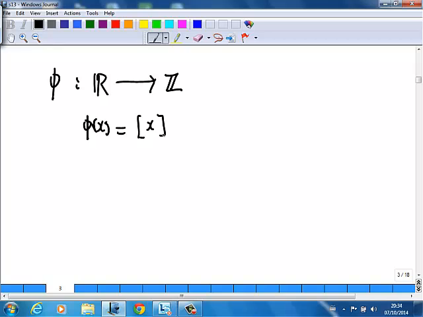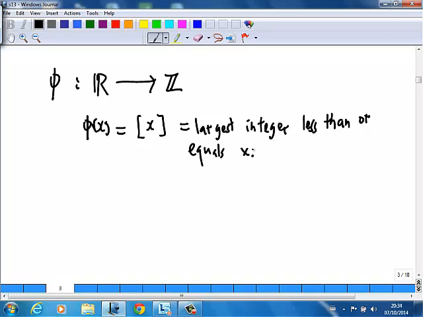This is the largest integer less than or equal to X. Over here, the groups are the group of real numbers and the group of integers.